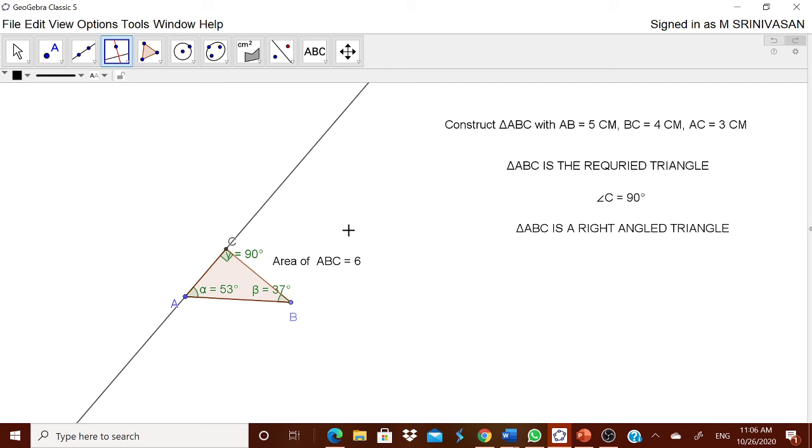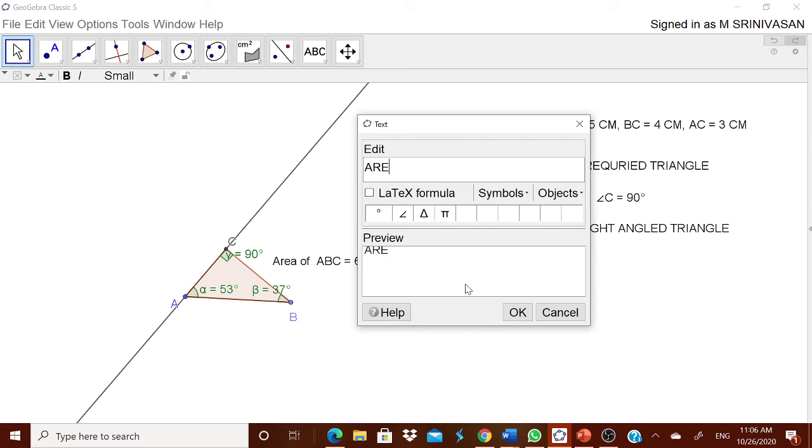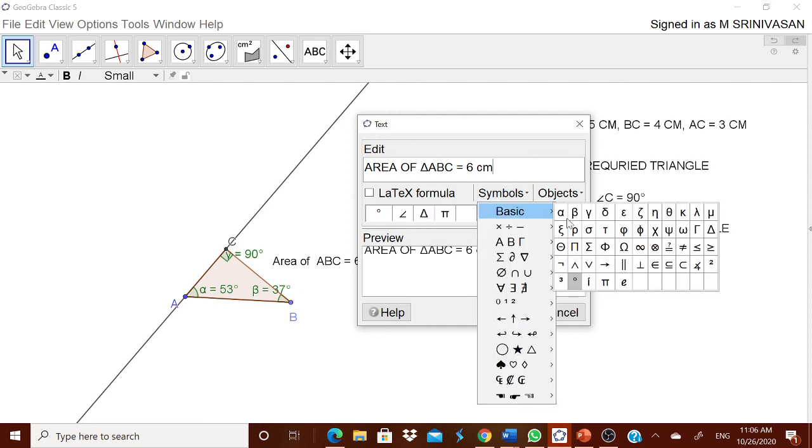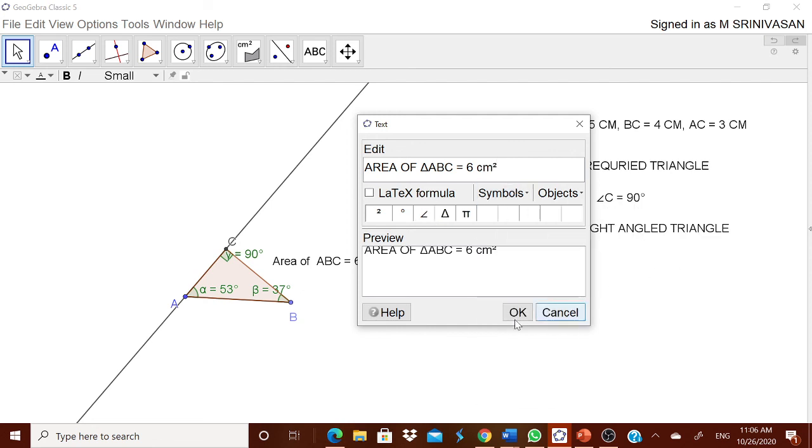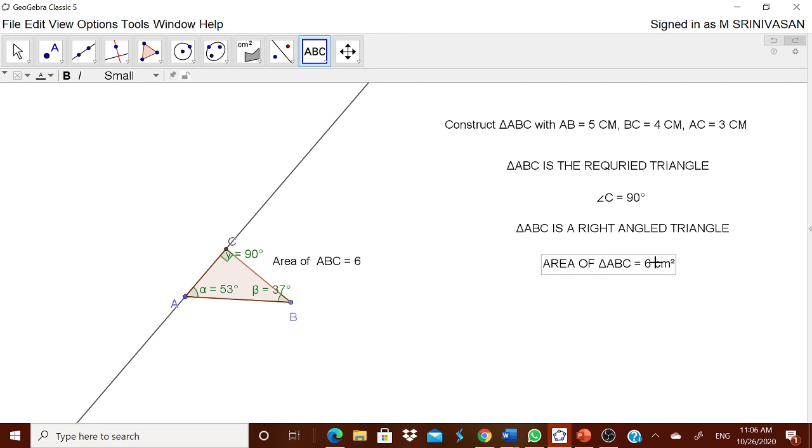Therefore, you can tell the children that this is highly interesting. Or you can tell the children that area of triangle ABC is equal to 6 centimeter square. From this symbol you are having a square, therefore you can write the square now. You can ask them to calculate in both the ways by taking one of them as the base.